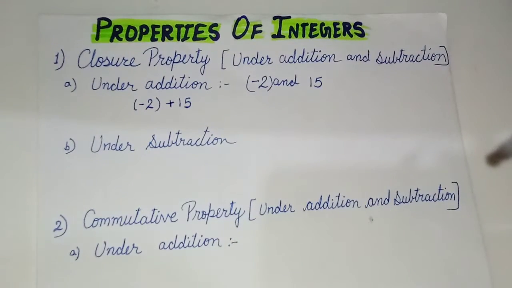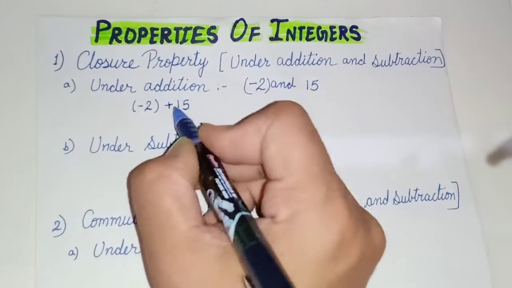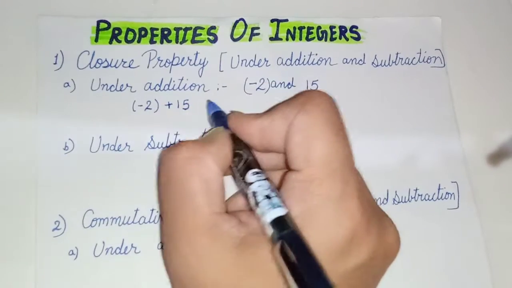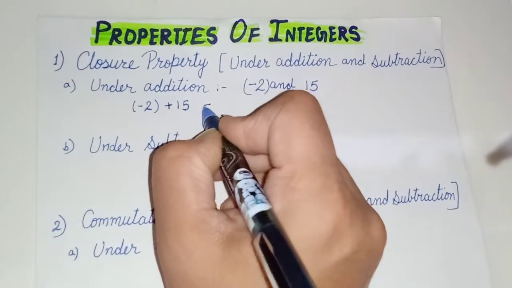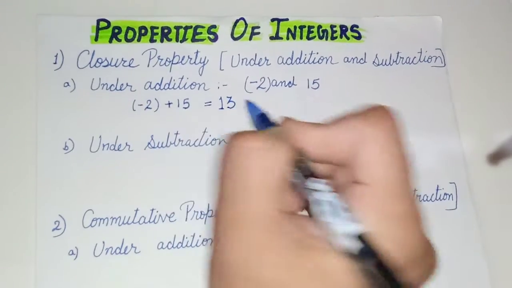In my previous video, I have shown you the rule of addition of integers. By following that rule, we are going to add it here. One integer is negative, the other is positive, so we need to find the difference between both. So 15 and 2's difference is 13 and the greater number is positive, so we will get positive 13 here.